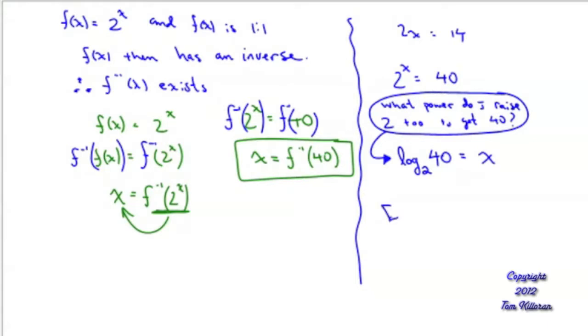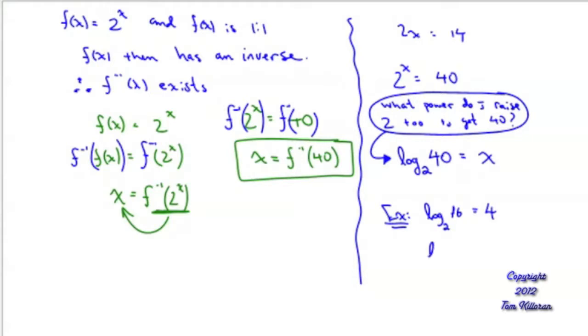So for example, a simple one. If I have log base 2 of 16, what power do I have to raise 2 to get to 16? 4. So log base 2 of 16 would equal 4, because 2 to the 4th is equal to 16.